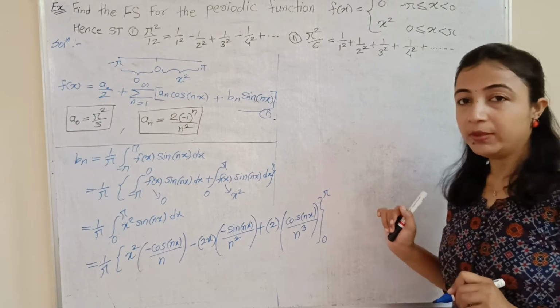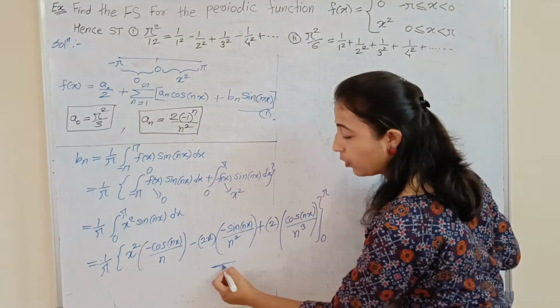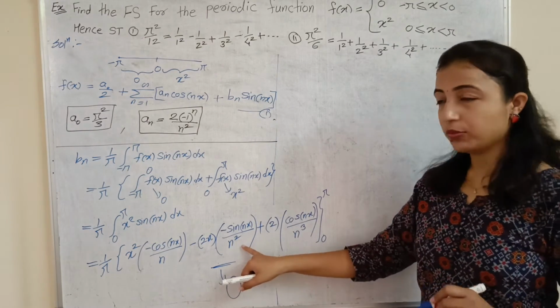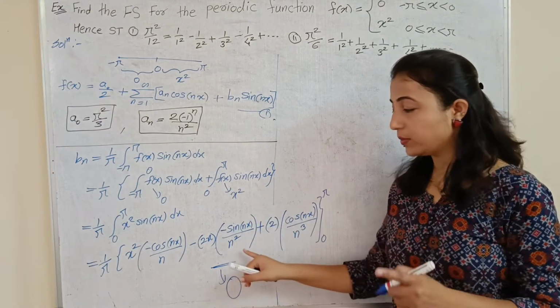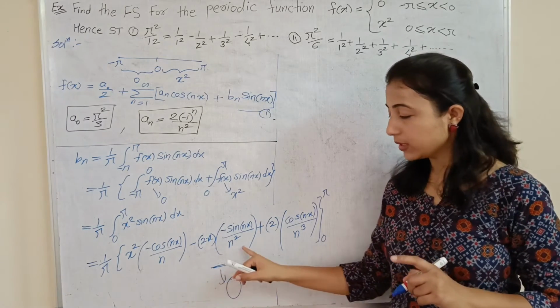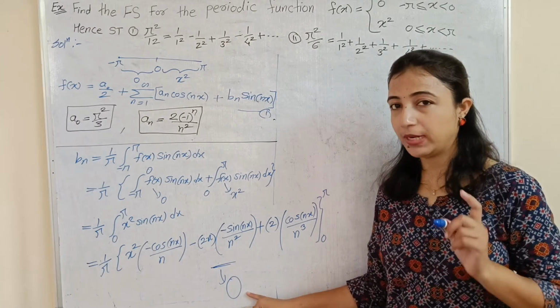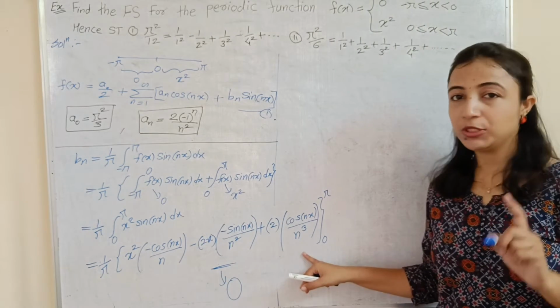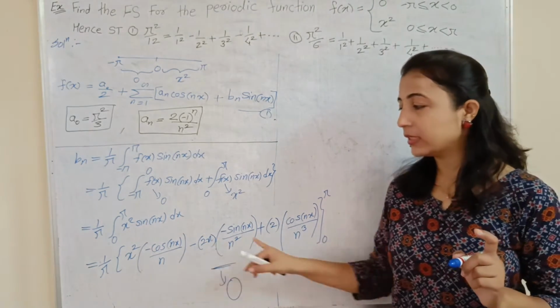If we put the upper limit minus the lower limit in this term, for both upper and lower limit this term is 0, because sine of n pi is 0 and sine of 0 is also 0. So this term is completely 0 for both limits. And the first and last terms contain cos, so you have to put the upper and lower limit in those terms.